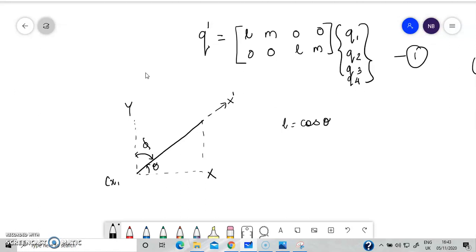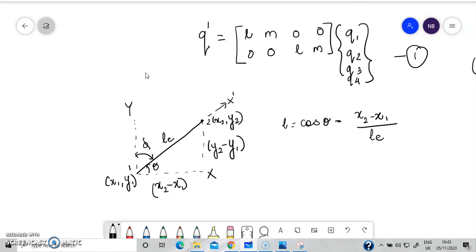We are given some coordinates. For example, here x1, y1, this is node 1, node 2 will be x2, y2. This will be the length of the element. We know that this distance is given by y2 minus y1, and the horizontal distance is given by x2 minus x1. We can call this cos phi, or we can call it sin theta.